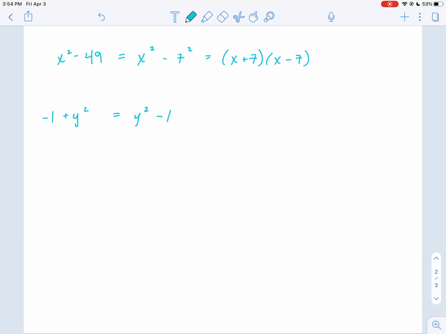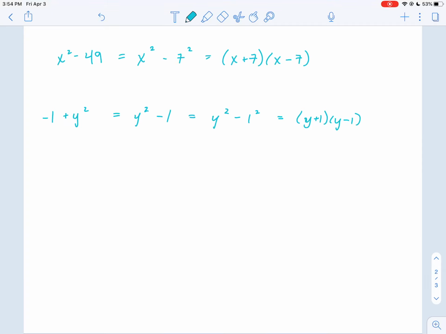I was looking for that part. And then something super useful about 1 is that 1 squared is itself again, right? So I could rewrite that 1 as a 1 squared. And now I can apply that formula. Now that I have that precise form, something squared minus something else squared, I can go through and rewrite that y squared minus 1 squared as y plus 1 times y minus 1.